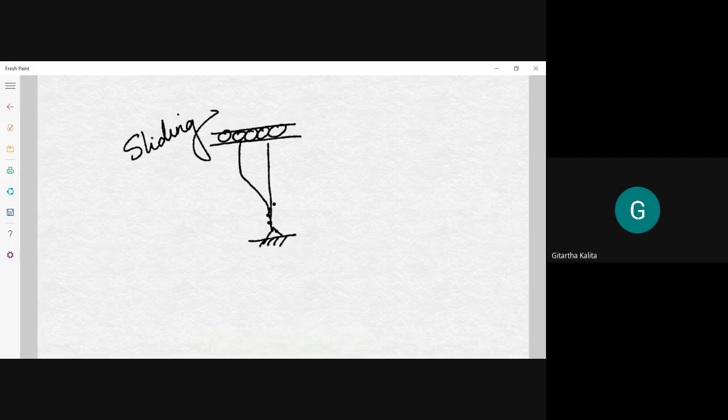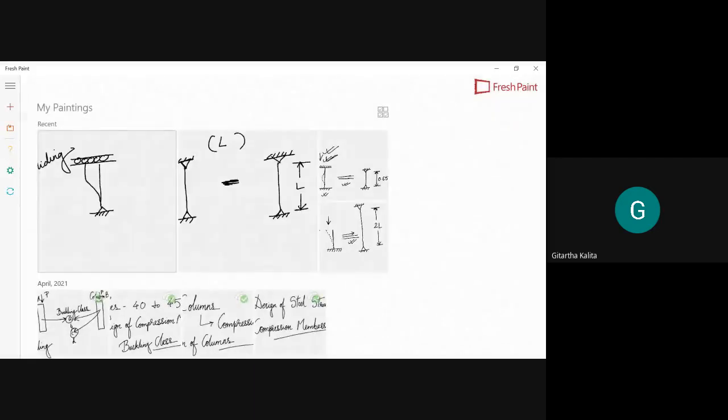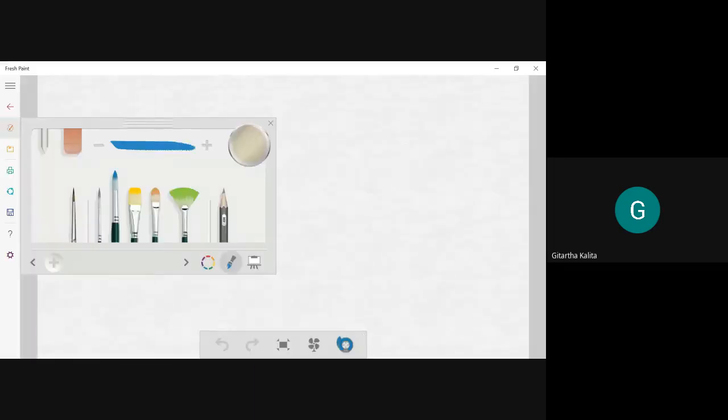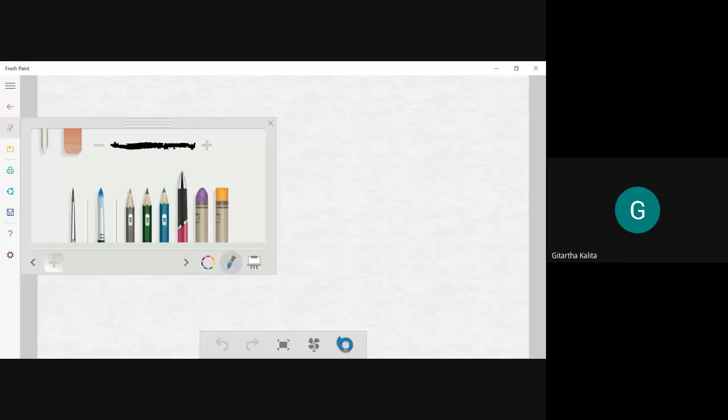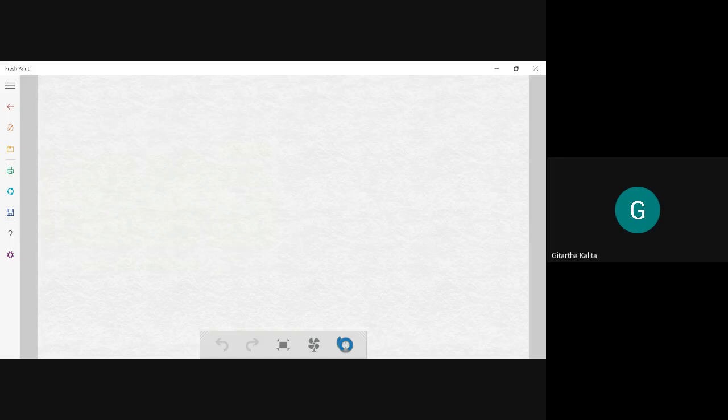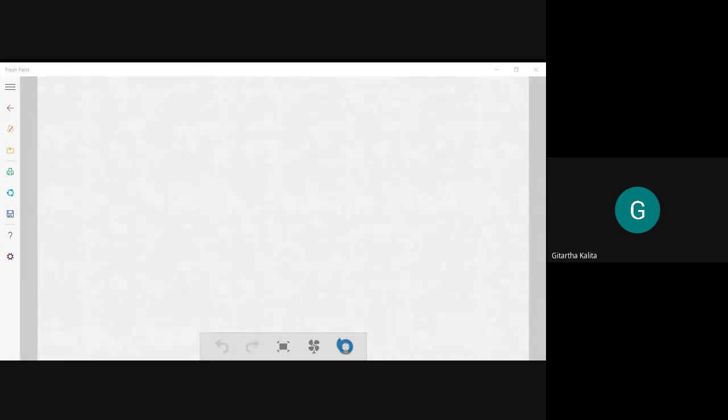So let us take a problem now. Where do we need this effective length? We need it because in numericals, they will tell you that this column is one end fixed, one end hinged, or this column is both ends fixed, or this column is one end fixed, another end free.